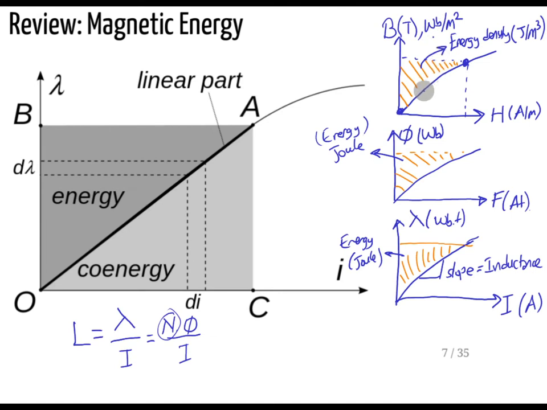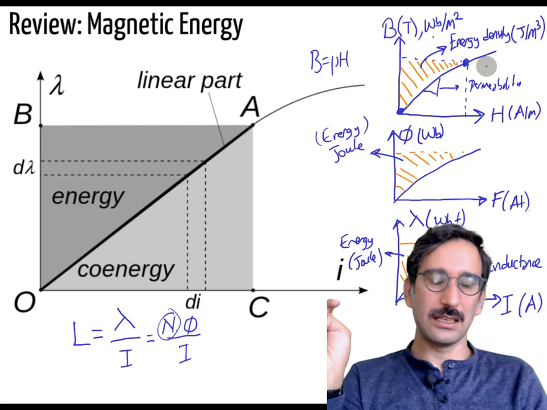Again, remember B was equal to nu H, and that slope gives you the permeability. So if it saturates, then the permeability gets lower.